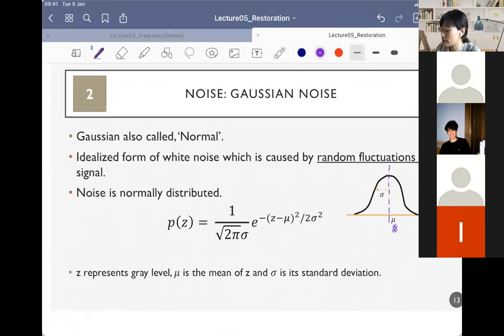So the noise can be generated from the Gaussian distribution by these equations, and you see that most of the noise intensities will be grouped, because the probability of values near the mean value is quite high.